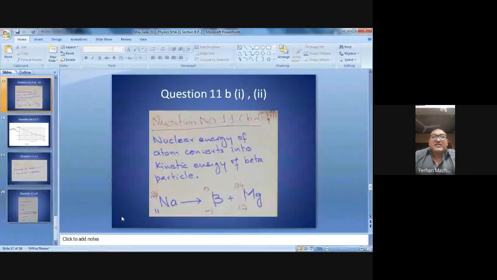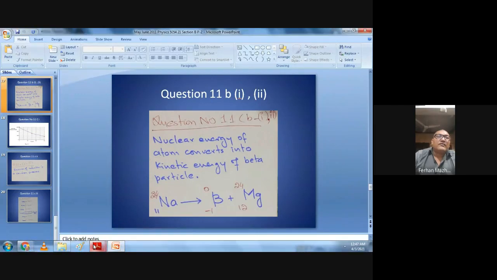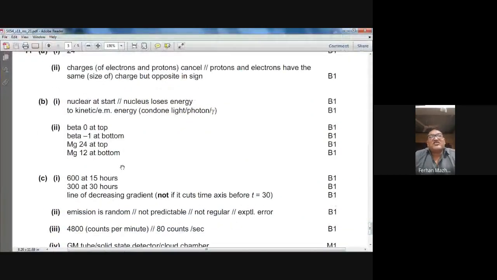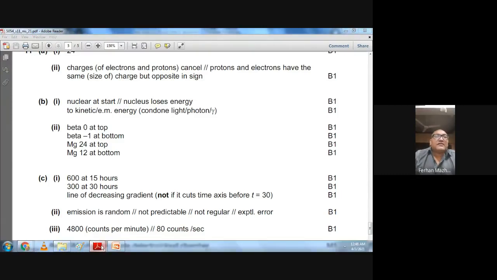So I have written the answer: nuclear energy of the atom converts into the kinetic energy of the beta particle. But the marking scheme says the nucleus loses energy to the kinetic energy, electromagnetic energy, condone light and photon. Condone means accepted.